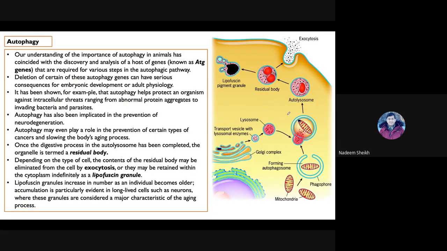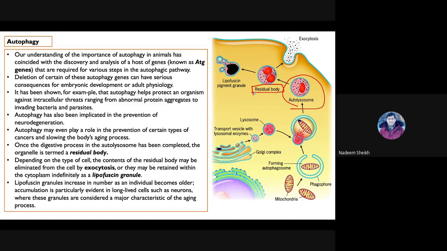The fate of this autolysosome is that after digestion is completed, the next vacuole which has undigested remains is referred to as the residual body. Now, this residual body has two fates.